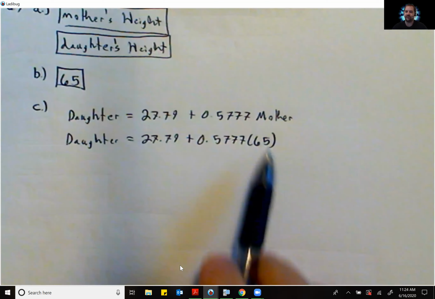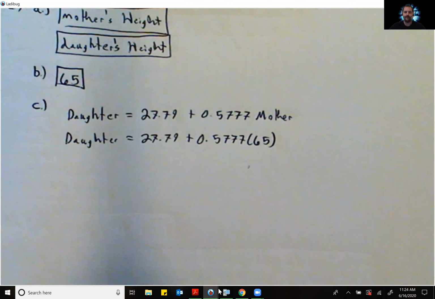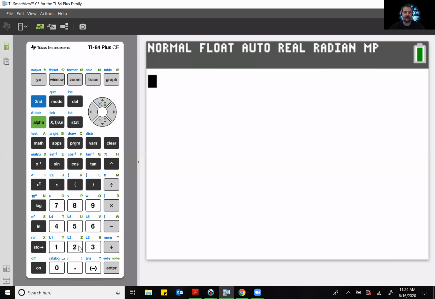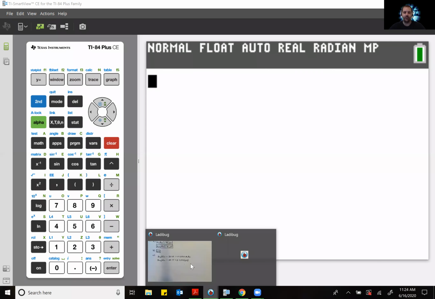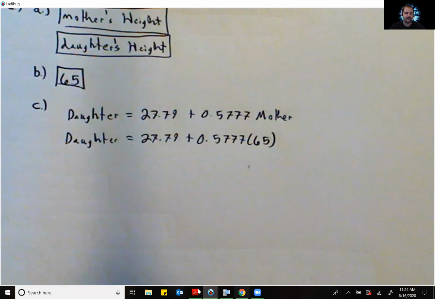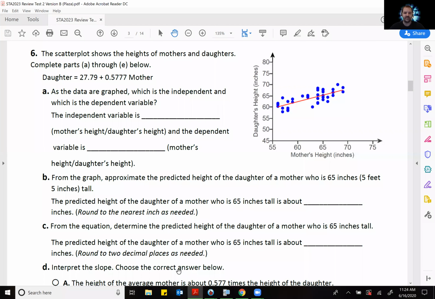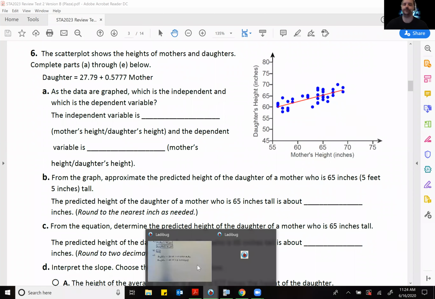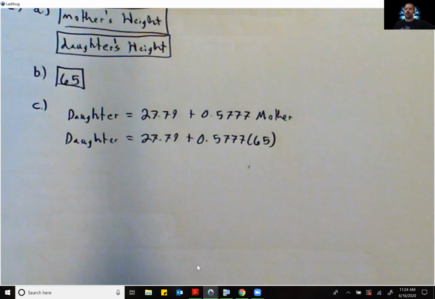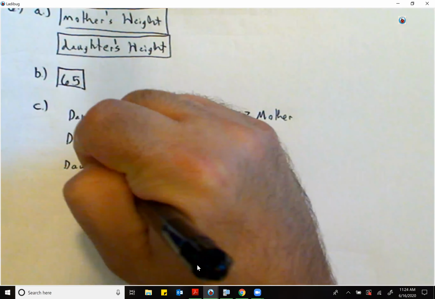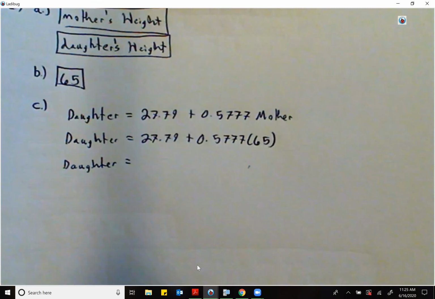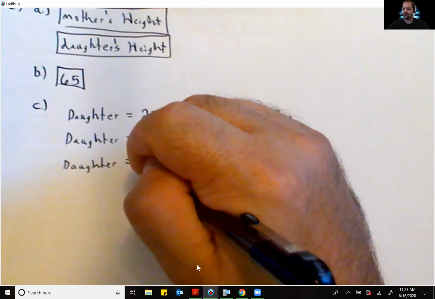So we plugged in the 65, and all this is just calculator work. So go to your fancy calculator. I'll let you guys do this. You know how to plug in. Go to that calculator and tell me what we get. And the rounding, it says, round to 2 decimal places. How tall is the daughter? You want 2 decimal places? 65.34. See, we were darn close.